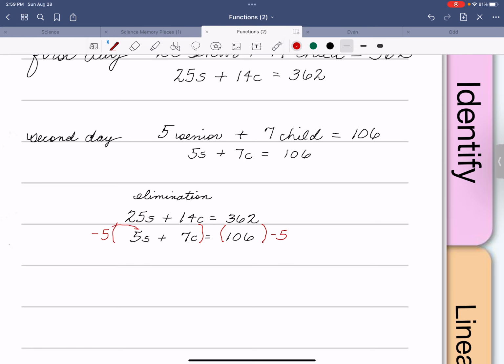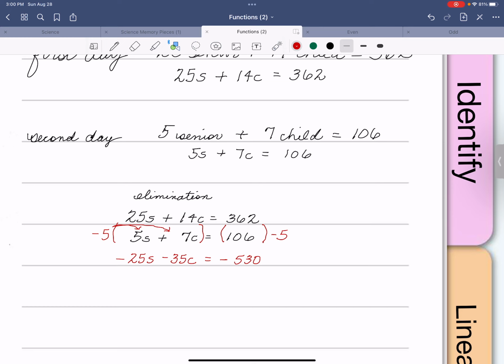So negative 5 times 5S is negative 25S. Negative 5 times positive 7 is negative 35C equals negative 5 times 106 is negative 530. Now use your calculator. That's fine.